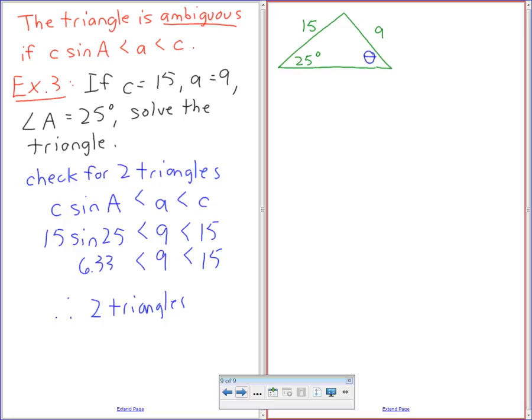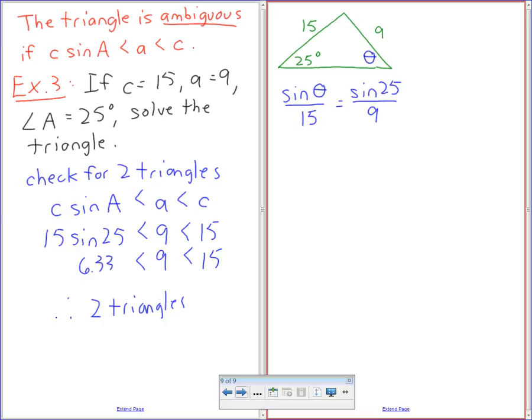All right, Jessica, how do I solve for theta, please? Sine theta over 15 equals sine 25 over 9. And again, we did this on the last board, so hopefully this should be somewhat familiar to you.